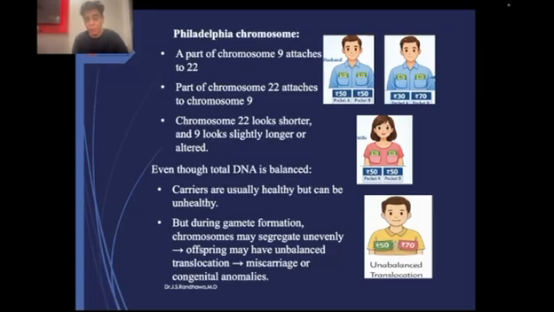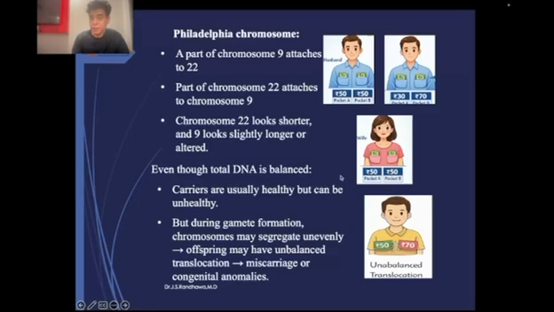Philadelphia chromosome can lead to chronic myeloid leukemia and in some cases even acute myeloid leukemia. Now, the real problem with balanced translocation comes when the child is born. The child born can have unbalanced translocation.